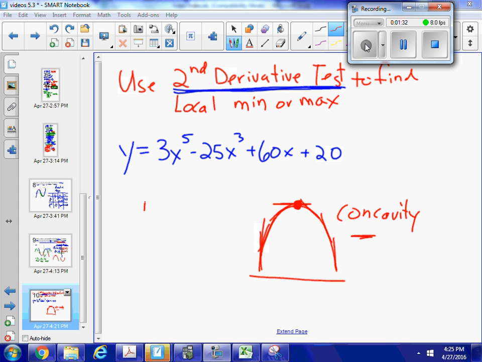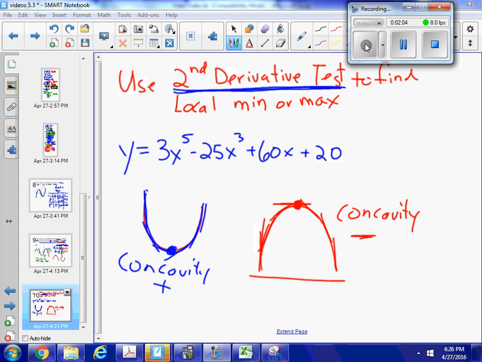Conversely, if I drew a little local minimum, my slope is very negative, but it's getting less negative, and the whole way here it's turning positive. So if at this point right here, this local extrema, the concavity is positive, that is, I'm going up like a cup, then this point right here is going to be a local minimum.